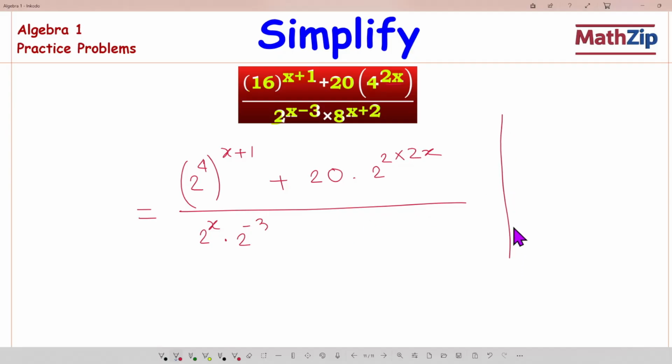How? As per the law of indices, we know a to the power m plus n, we can write as a to the power m times a to the power n, right? Then times, here is 8, we can write 2 to the power 3 and power x plus 2.